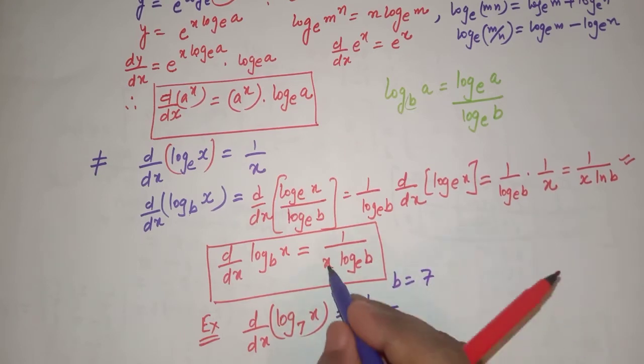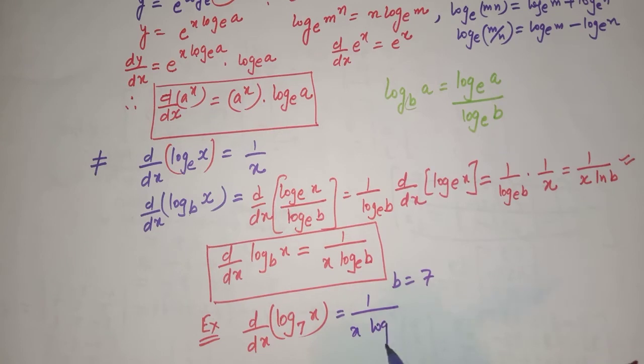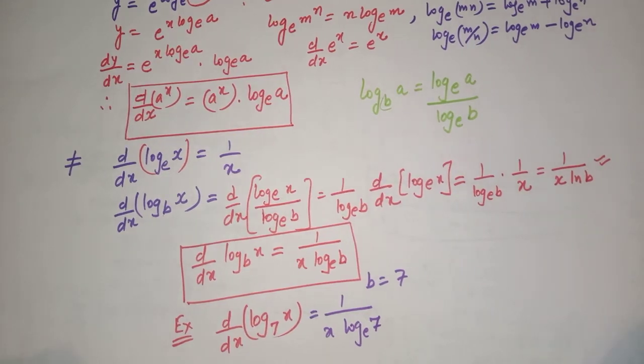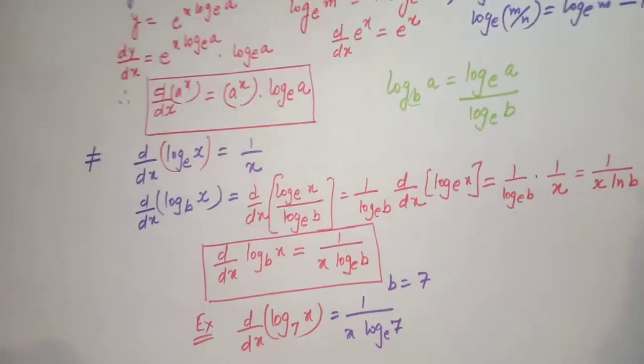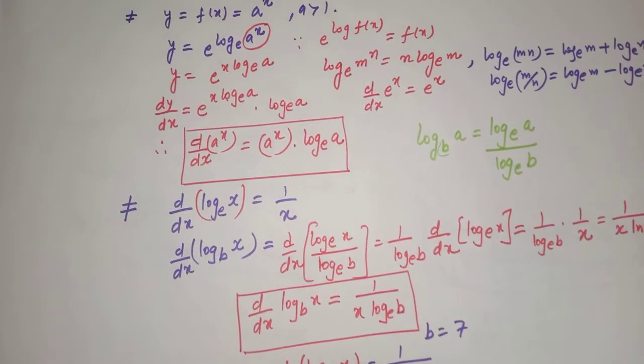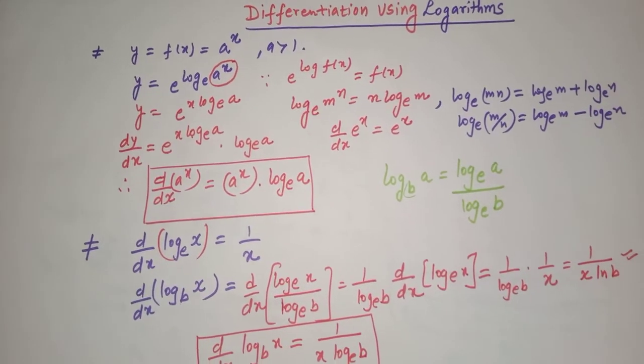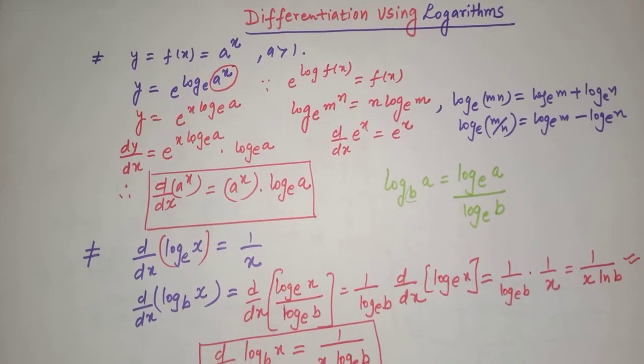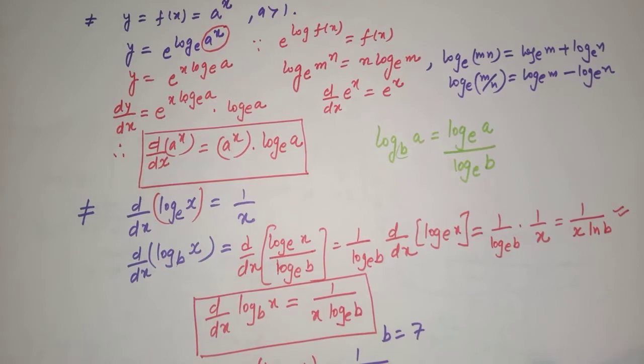So therefore we'll directly write the result as 1 over x log of 7 to the base e. Clear? So dear friends, we have discussed these important results regarding logarithms.